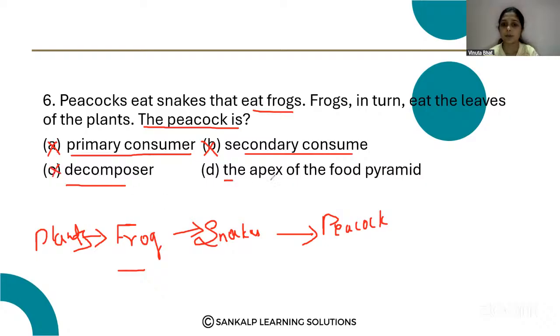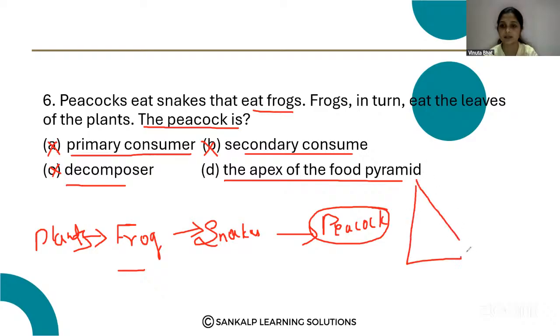The apex of the pyramid, option D. The apex of the pyramid means if you construct a pyramid of these organisms, here the peacock will be at the apex, the highest position. So if you construct the pyramid like this, plants, frog, snake and peacock, the peacock occupies the highest position in the pyramid.